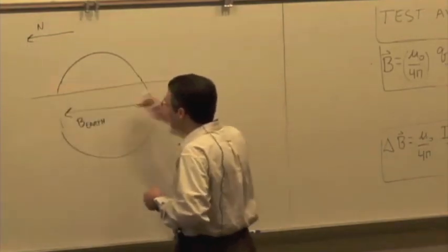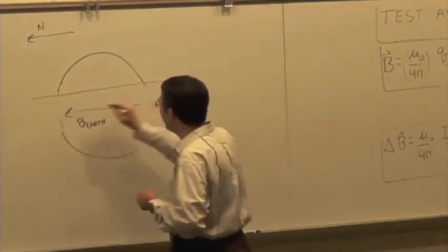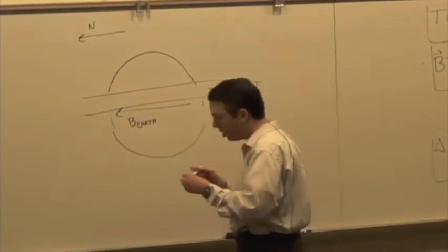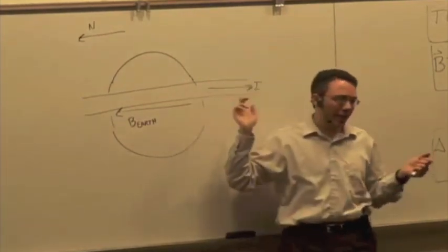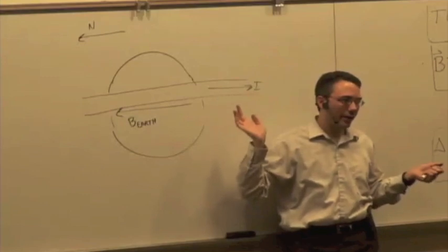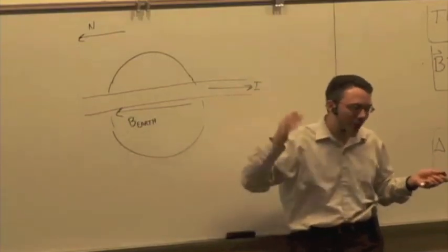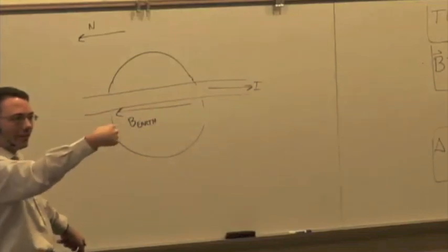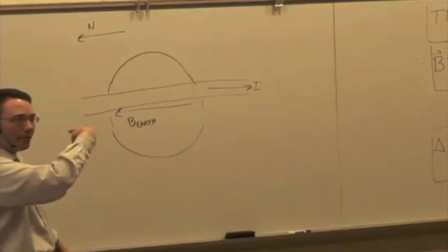And so now I've placed a wire on top, and I is running that way. Where's the observation location with respect to the wire? Underneath it, right? So the r hat vector is pointing that way, right?